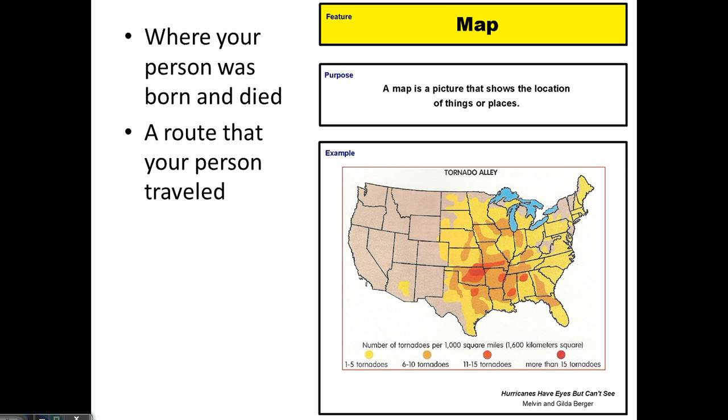You might create a map to show a route that your person traveled. For example, I'm doing my project on Harriet Tubman, so I might choose to include a map to show the route that Harriet Tubman traveled between the North and the South to help slaves escape from slavery. Or you might include a map to show an area that your person worked or lived in.